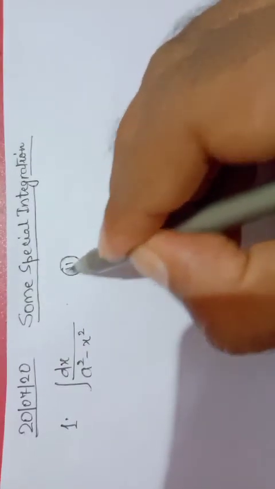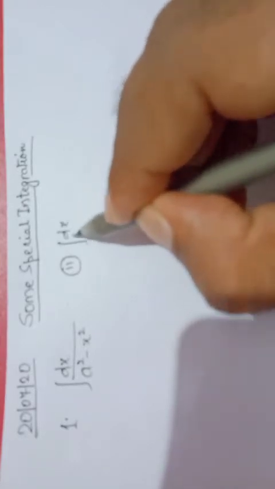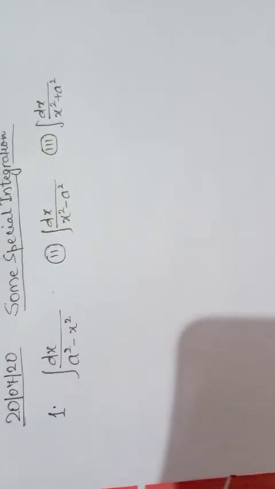The second type is integral of dx upon x square minus a square, and the third one is integral of dx upon x square plus a square. Later we will use these as formulas. See the first one.